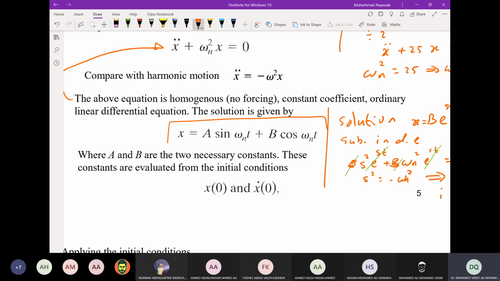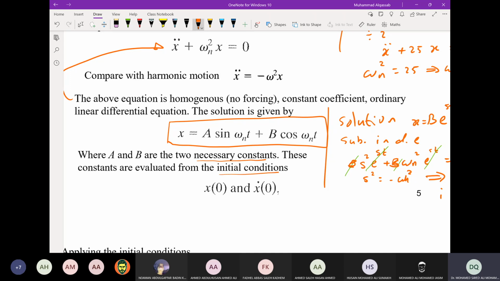This is the solution of the differential equation, which gives us the displacement of the mass for any value of time. What is a and b? a and b are the two necessary constants of integration of the differential equation, and these can be evaluated from the initial conditions.